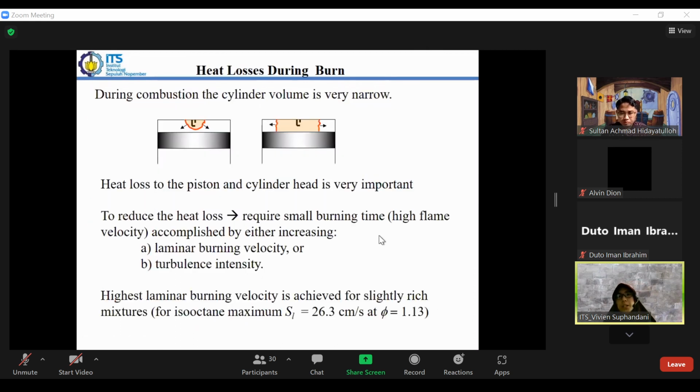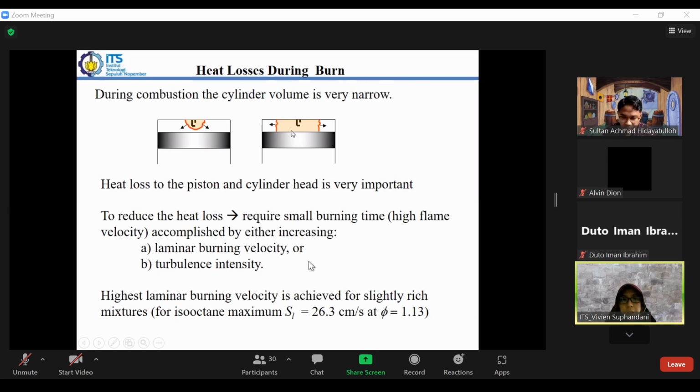When we look at the burning process inside the cylinder, we see that during combustion, the cylinder volume is very narrow, very close to the top dead center. Based on the explanation before, we have the propagation of the flame to the surroundings, starting from the spark plug, and then it propagates away from the center.